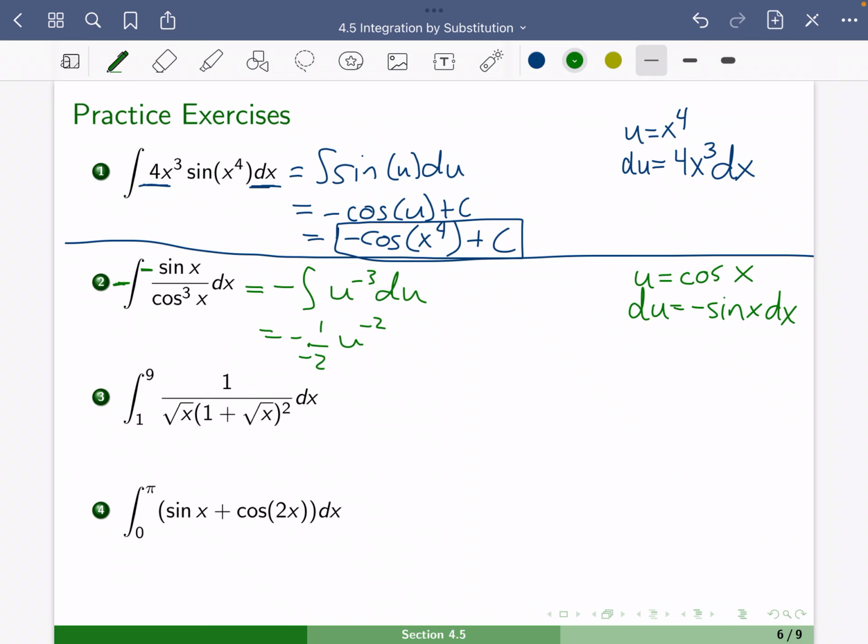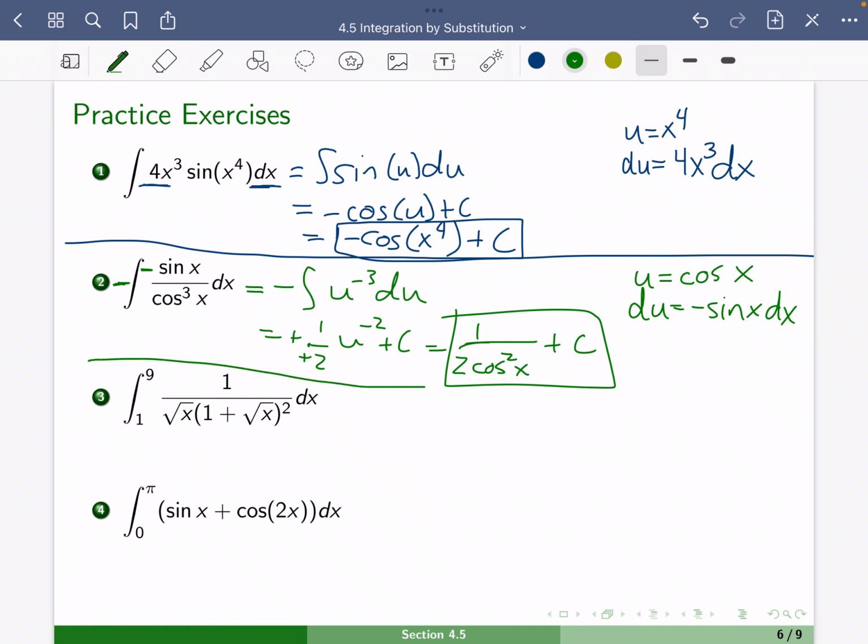So negative 1 over negative 2. So those will just become positives. And so we have 1 over 2 cosine squared x plus c. Great. So that's example 2. Let's move on to example 3.